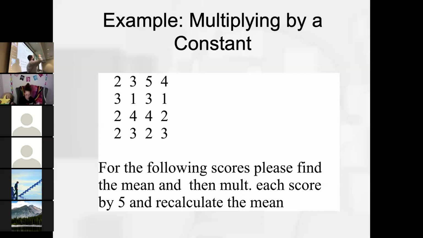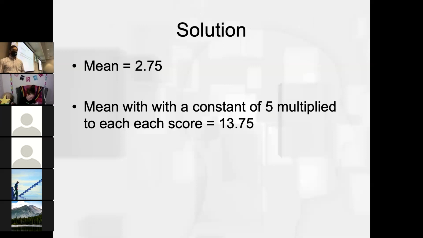Whatever you do to every data point, you subsequently also are doing to the mean. So if we get 2.75 as our original mean, once we multiply that by the constant, we get that 13.75.